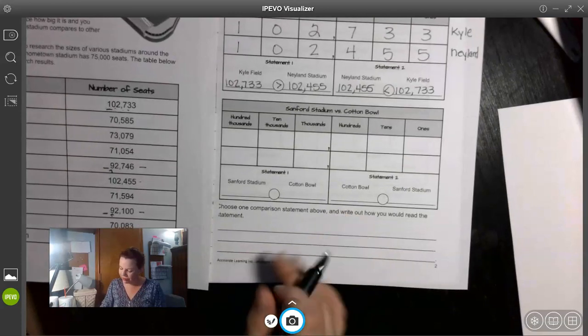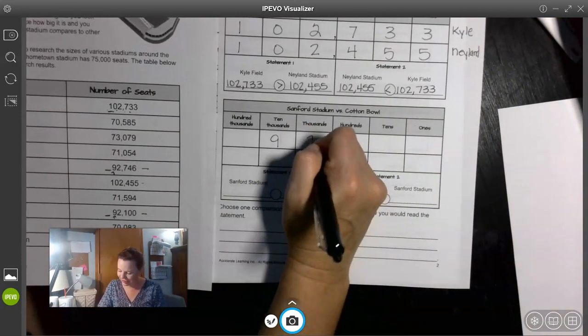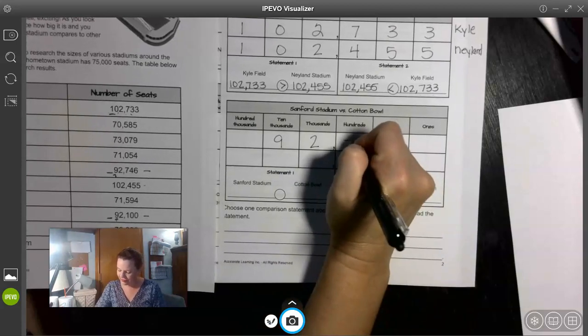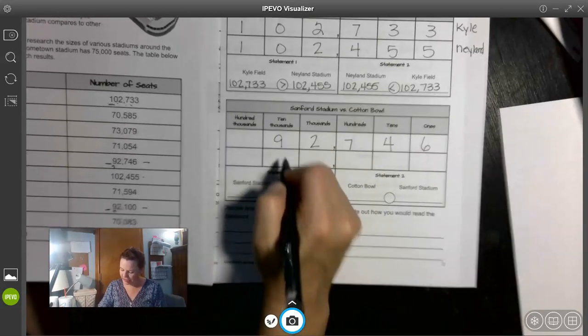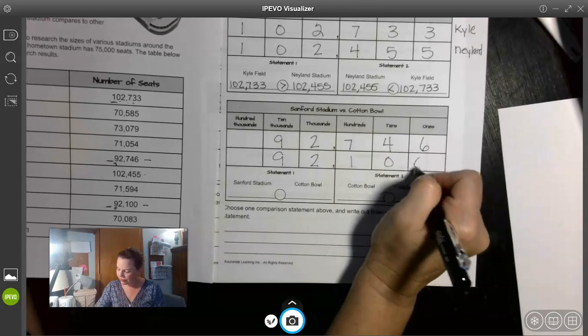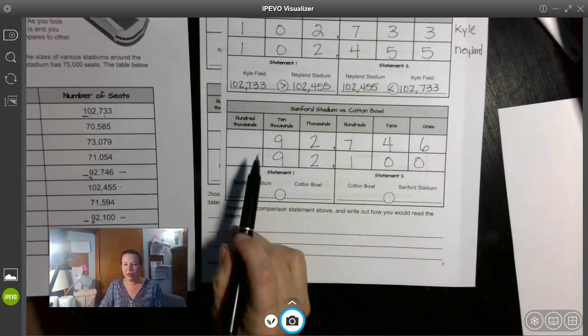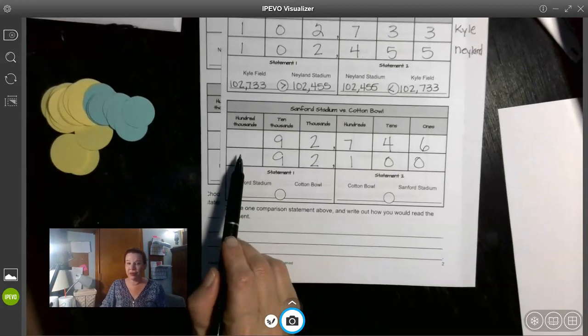So we have Sanford at 92,746. Cotton Bowl has 92,100. All right. So we can look at the hundreds, thousands place. They're the same. Both of them don't have anything.